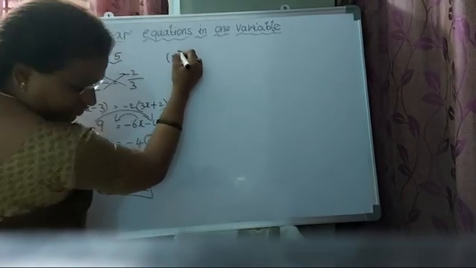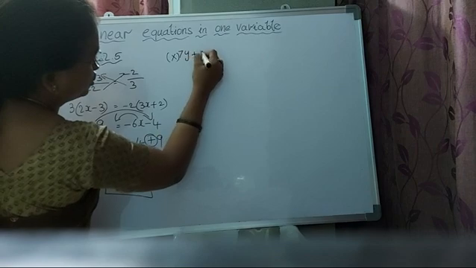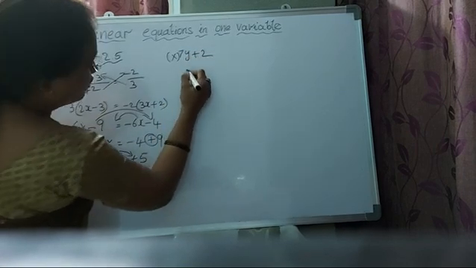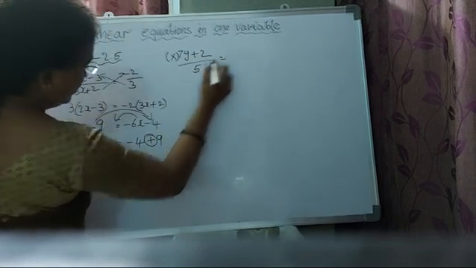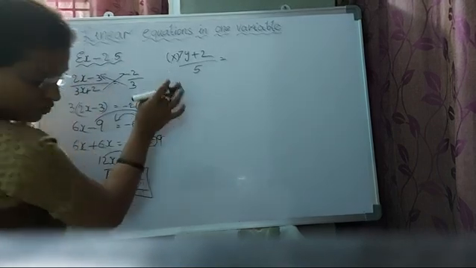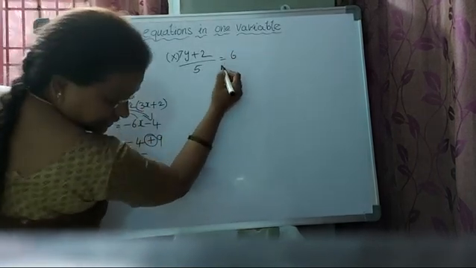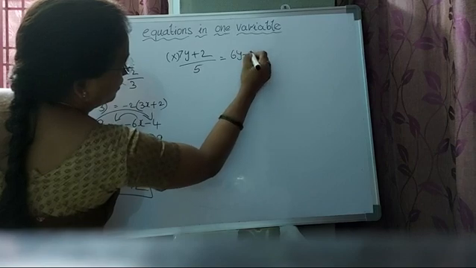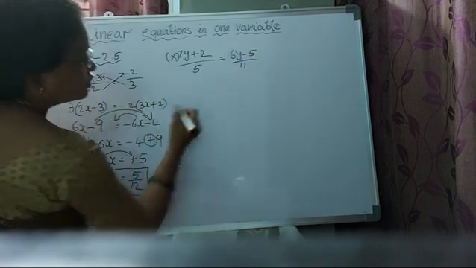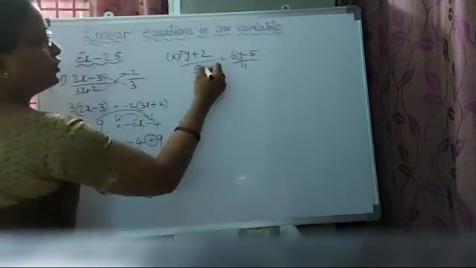The 10th one is somewhat different. 7y plus 2 by 5, single digit, is equal to 6y minus 5 by 11. Here only one term on each side. So here also same, cross multiplication only.